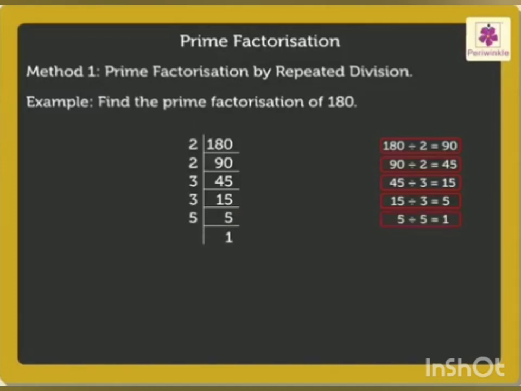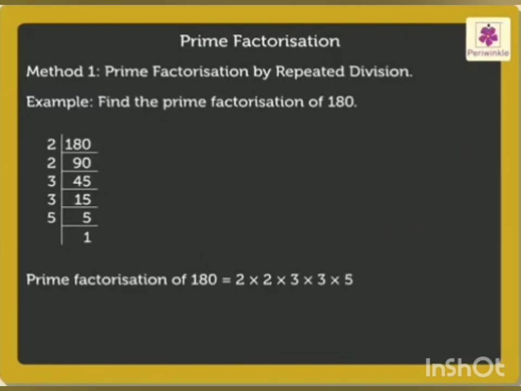Now we have 1 as a quotient. Now we write the prime factorization of 180 as the product of all the prime numbers that we have on the left. Thus, the prime factorization of 180 is 2 into 2 into 3 into 3 into 5.